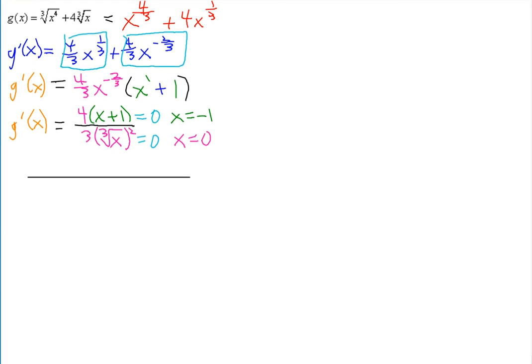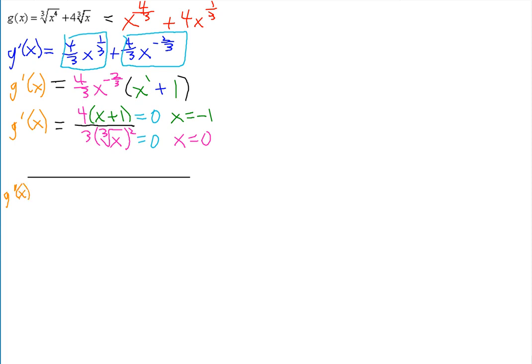Again, always label your number line, because later on we're not always going to be only testing the first derivative. So it's important. Start getting a good habit right now of always labeling your number line, so you'll remember what you're testing. In this case, it's g prime of x.